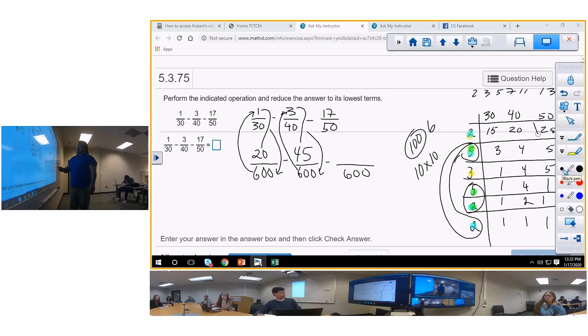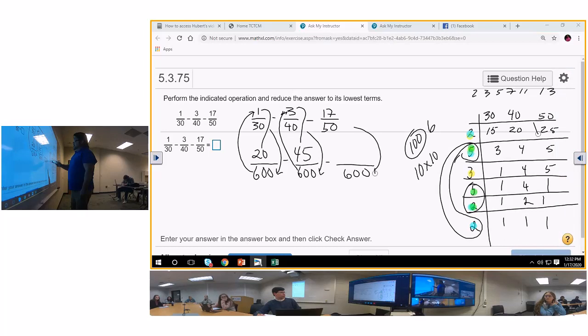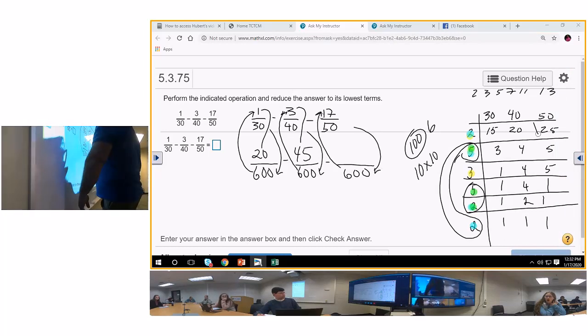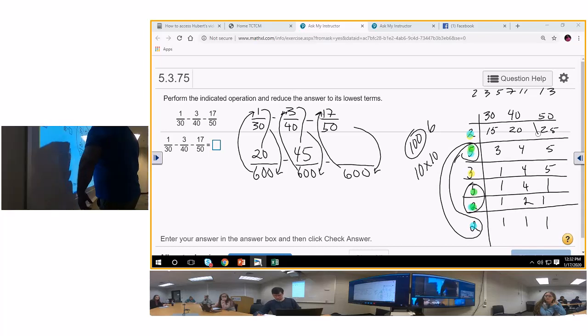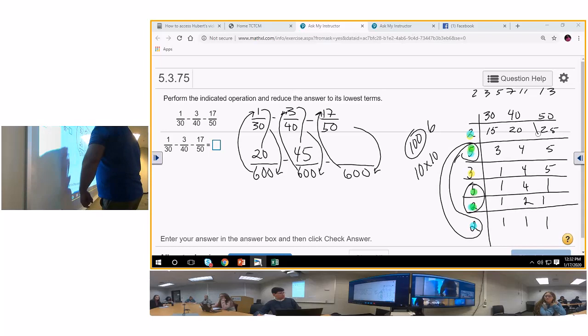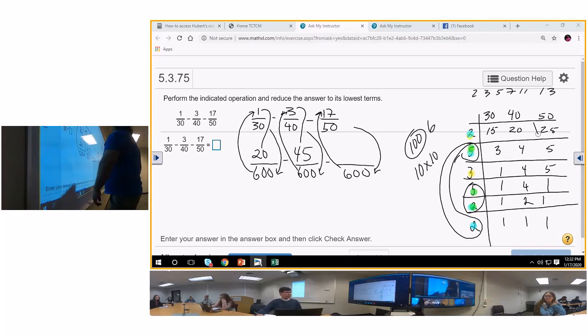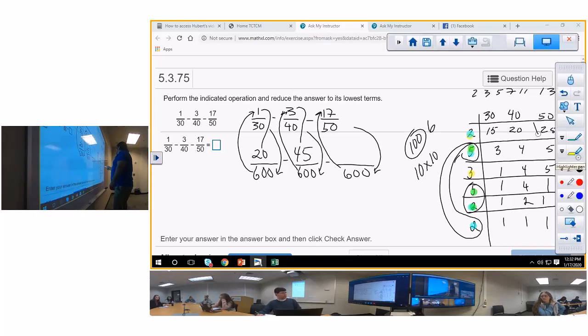So 50 will go into, hold on, 50 will go into 600 12 times, right? 12 times 17 is 170 plus 34 is 304. Somebody check me. I don't know if I've got that right or not. 204. Thank you. So that's 204. Somebody check, make sure.